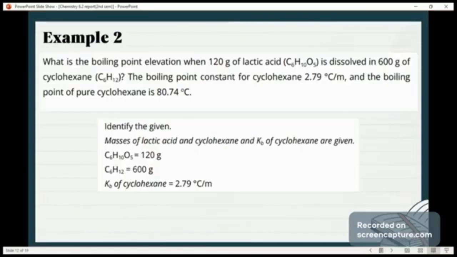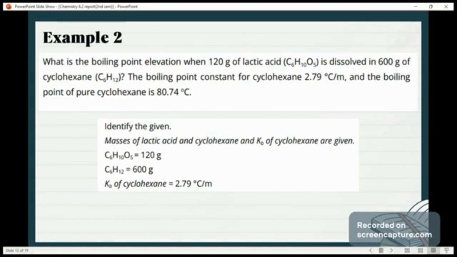For example number 2, what is the boiling point elevation when 120 grams of lactic acid is dissolved in 600 grams of cyclohexane? The boiling point constant for cyclohexane is 2.79 degrees Celsius per m, and the boiling point of pure cyclohexane is 80.74 degrees Celsius.